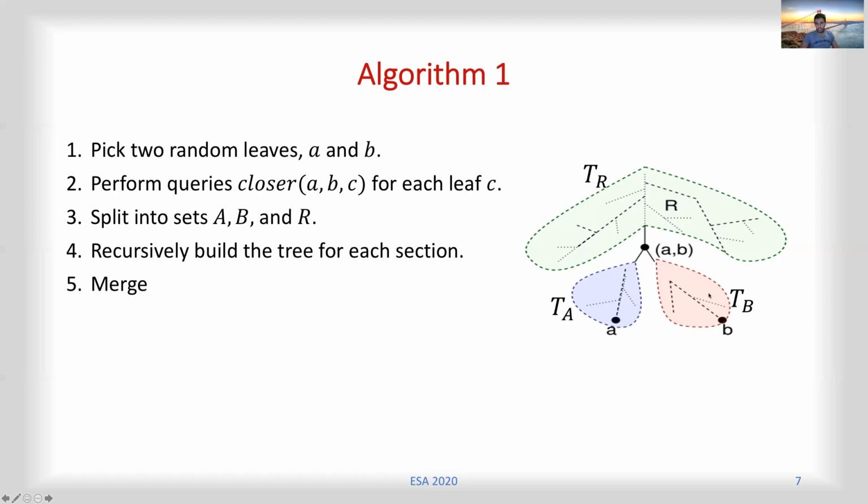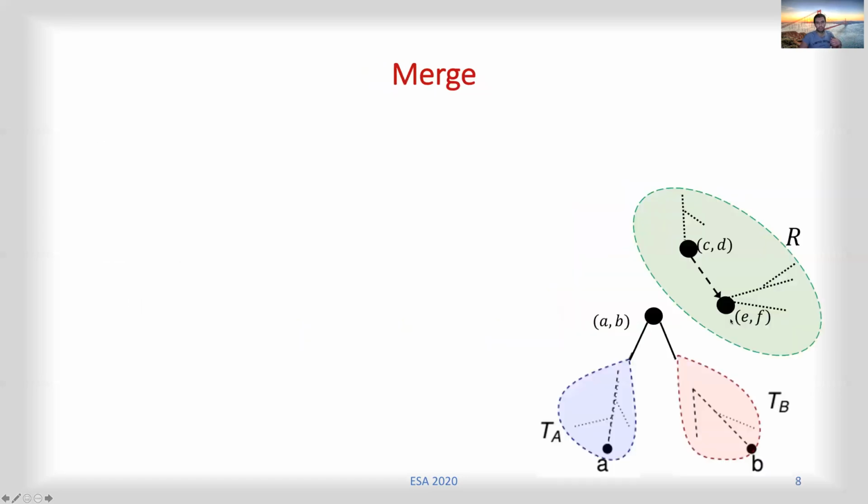And it is worth noting that each internal node recursively is labeled with a pair of leaves, one from the left subtree and one from the right subtree.